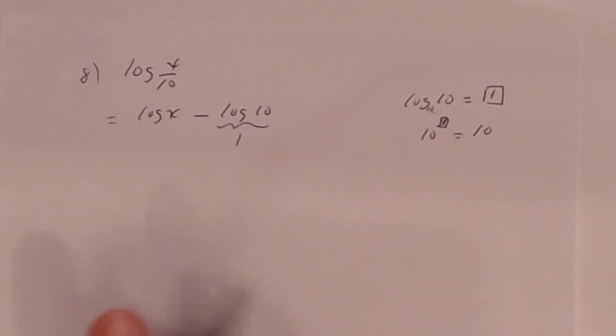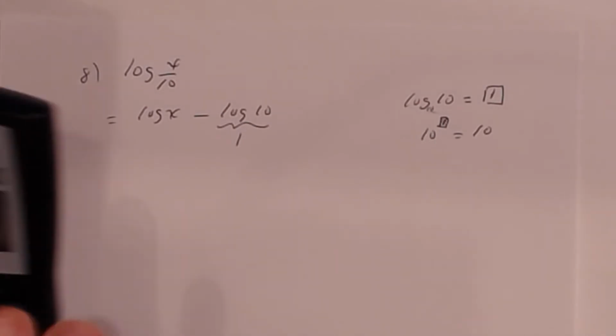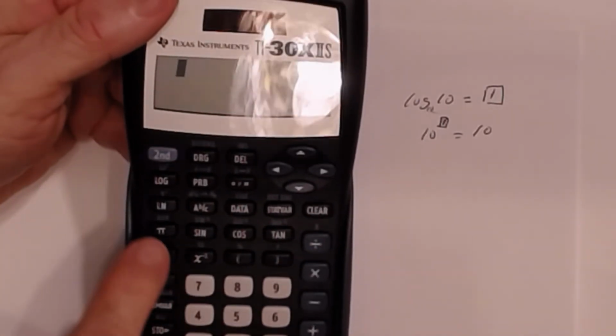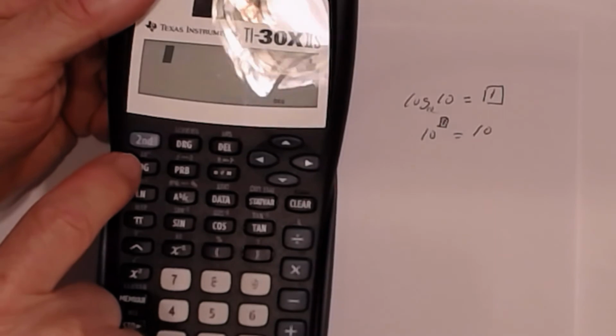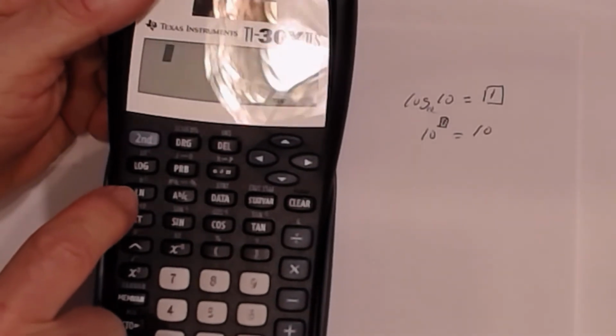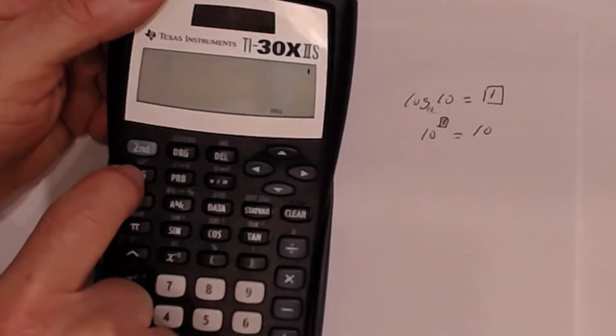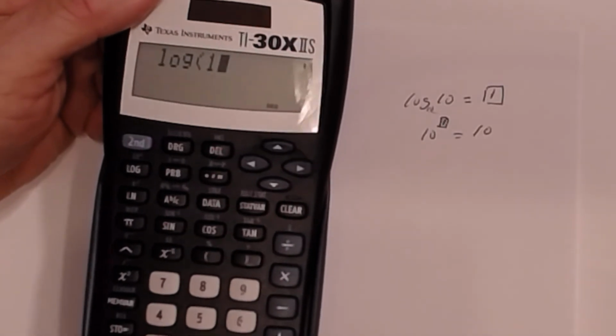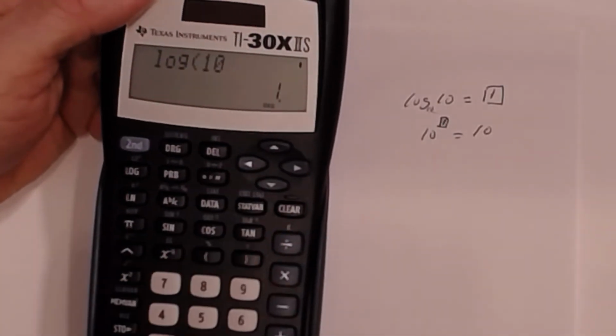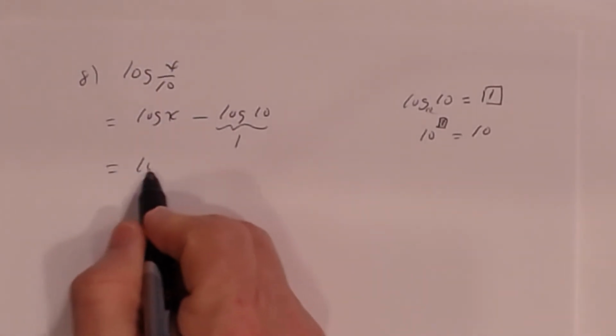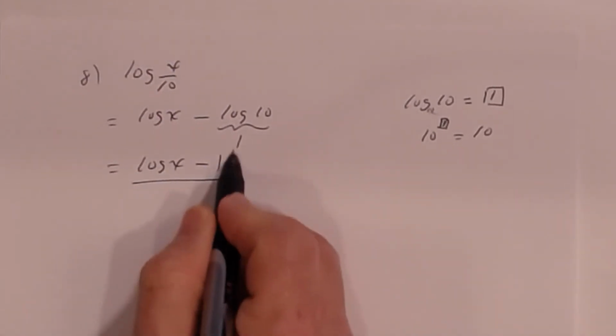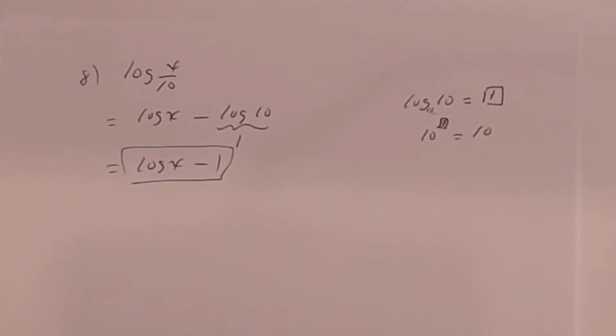And you can see on your calculator, watch. See this log right here? That's base 10. The ln is base e. So you take log, and if I put 10 right here, notice what happens. You get 1. Log of 10 is 1. So the answer becomes log of x minus 1. That's your answer. So now you have to start thinking, can I simplify?